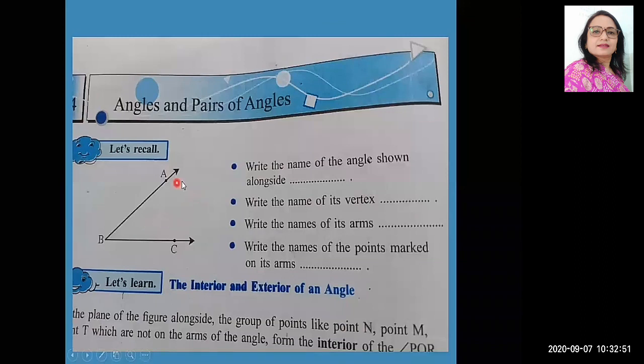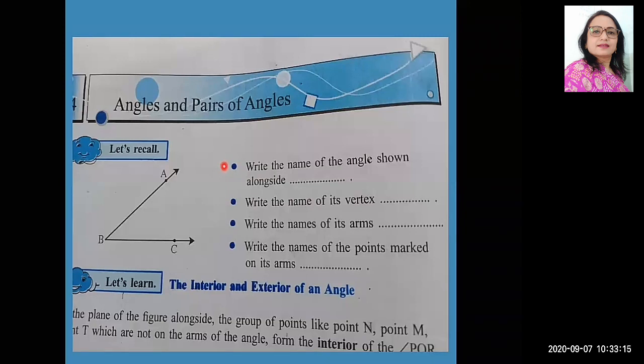Now let's do one activity. In your textbook, page number 24. Here is the figure. Observe the figure and answer the questions. Students, if you know the answer, you can write it in the chat box. So the first question is, write the name of the angle shown alongside.